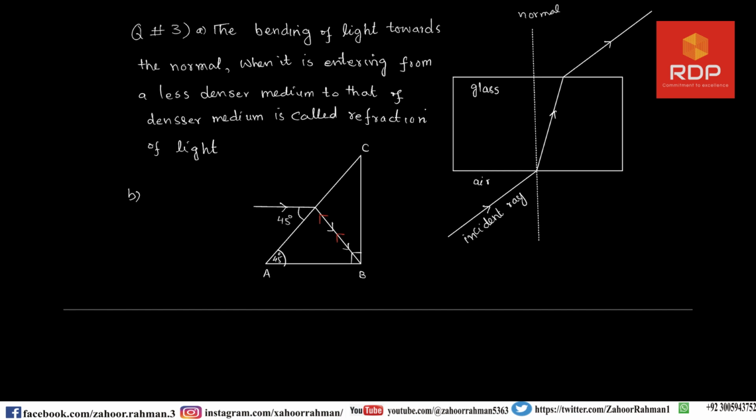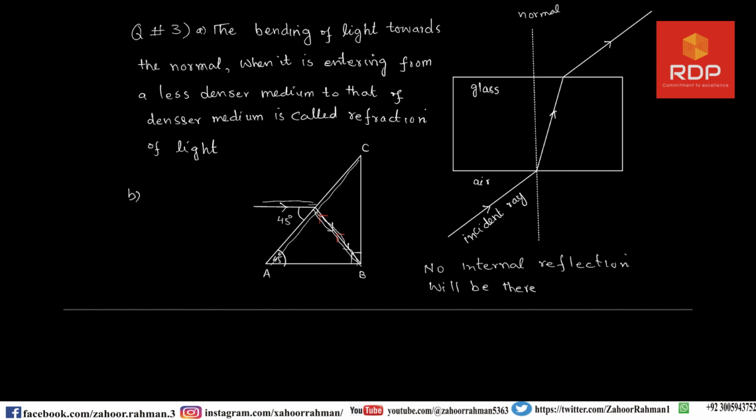Now when it is entering, it will be at 90 degrees to this side, and it will be directly going to this corner and will return back on the original path. So there will be no internal reflection there.